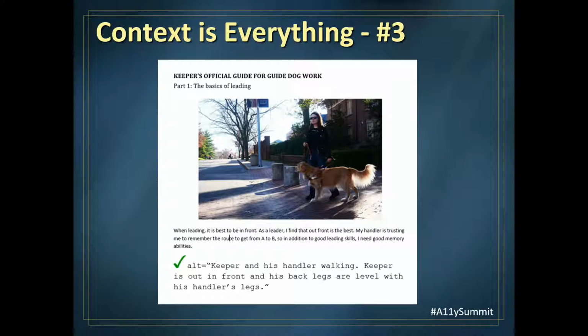So we have Keeper and his handler walking. Keeper is out in front, and his back legs are level with his handler's legs. So it's informational, and you're describing what's going on. So you can see how context will drive what that alt text will be, and it could be the same photo used in different ways.